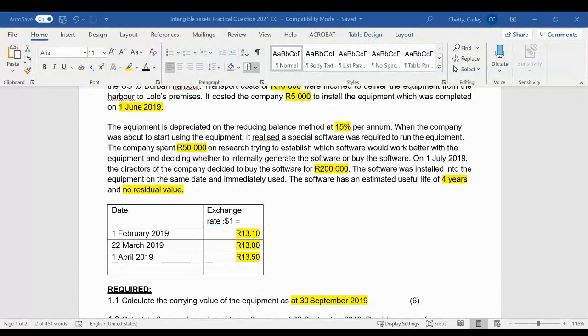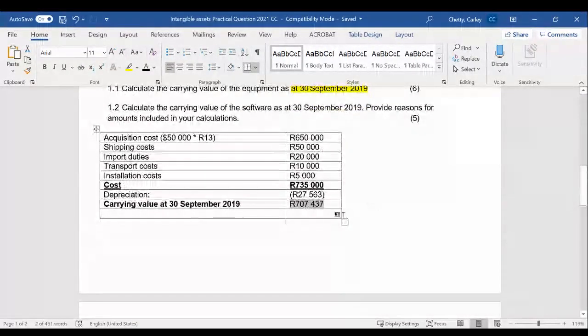So someone has asked about the depreciation. So just to recap, the depreciation is going to be based on the cost of the asset, which we calculated to be 735,000. Let me just unhide the calculation. They told us that the asset will be depreciated on the 15% reducing balance method, and it will be for 3 months.